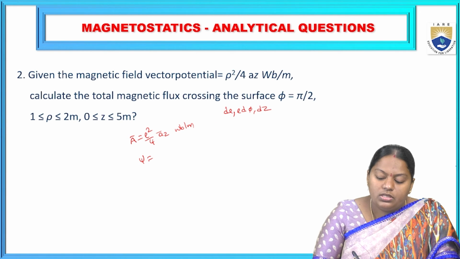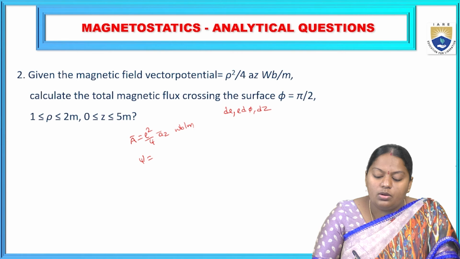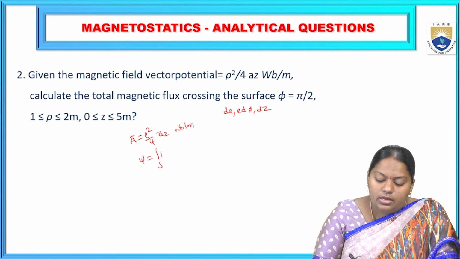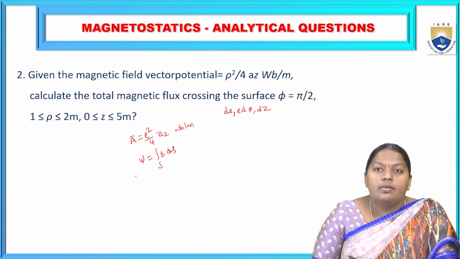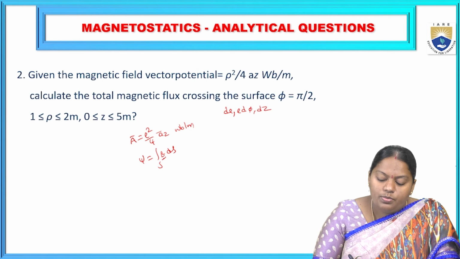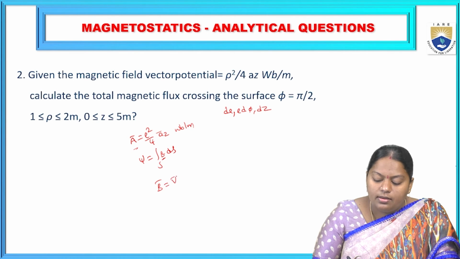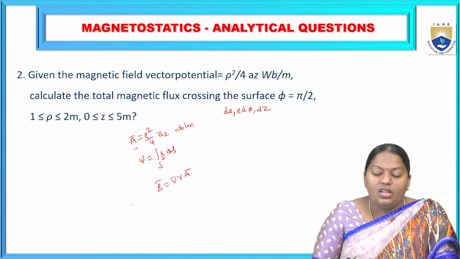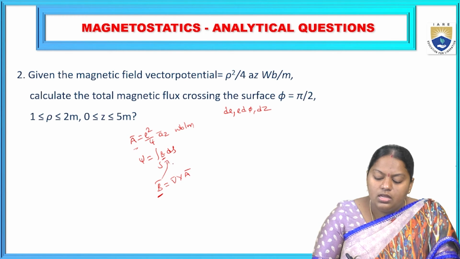Depending upon that, in order to find the total magnetic flux crossing the surface, psi is equal to the integral over S of B dot ds. The relation between B and A is given by B bar equal to del cross A bar. From this, first get the value of B and substitute it here, and we need to write the formula for ds also.